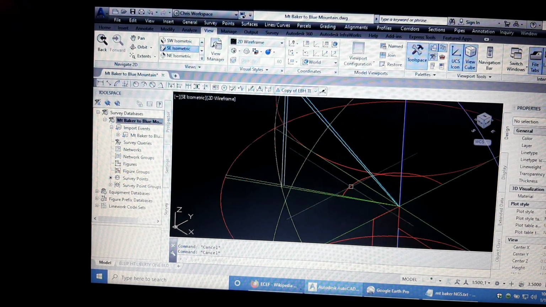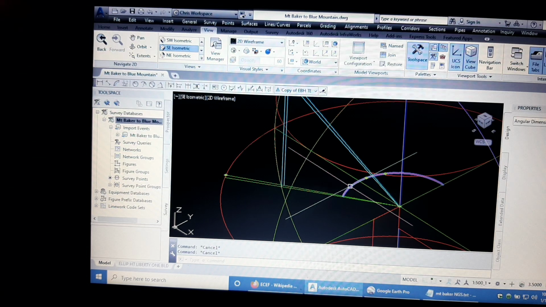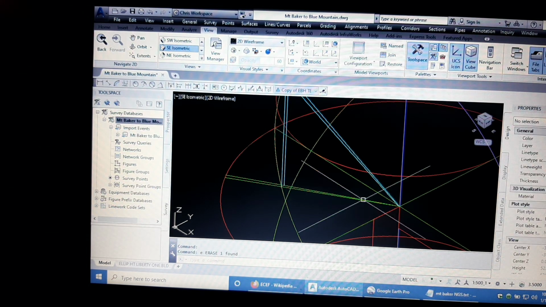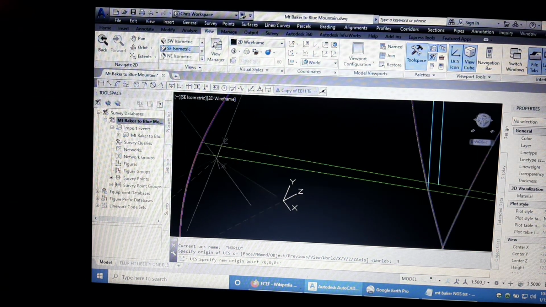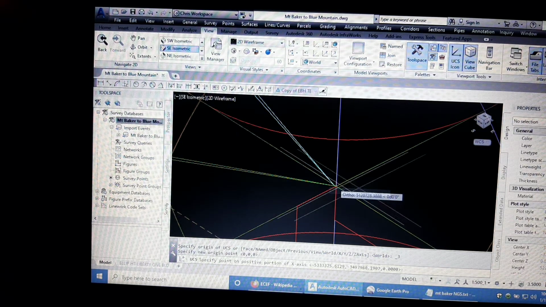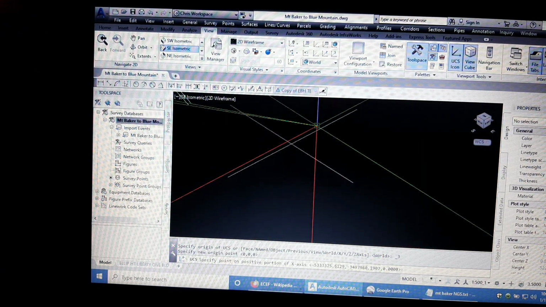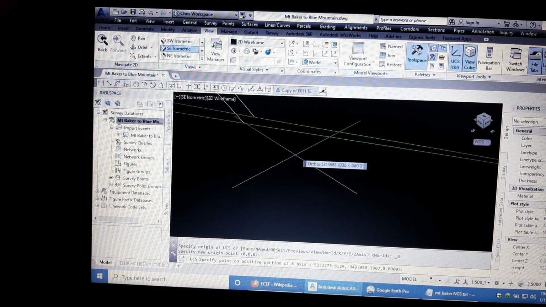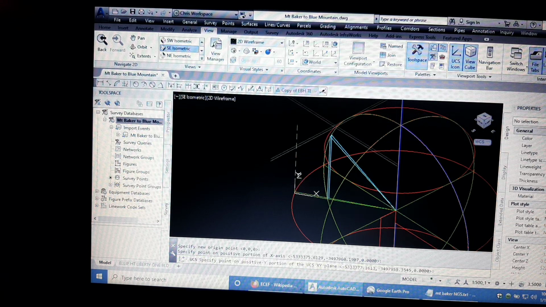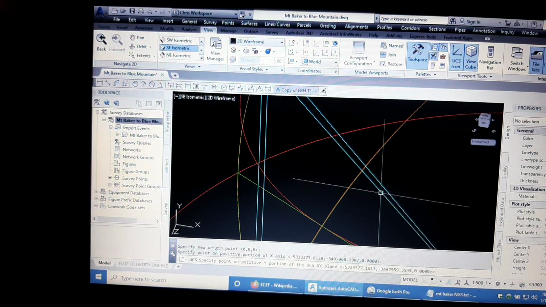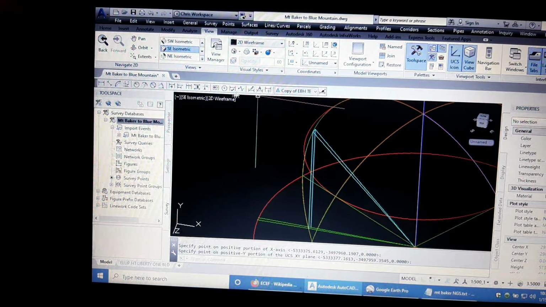And so I'll show you the latitude. So if I go 3 point, measure it.